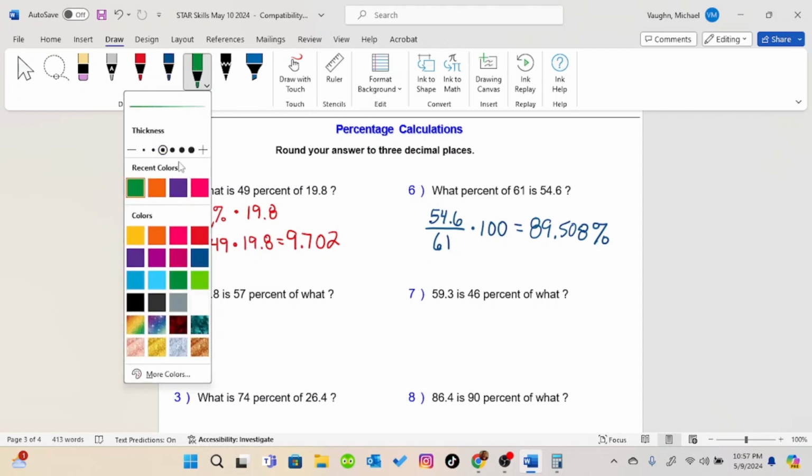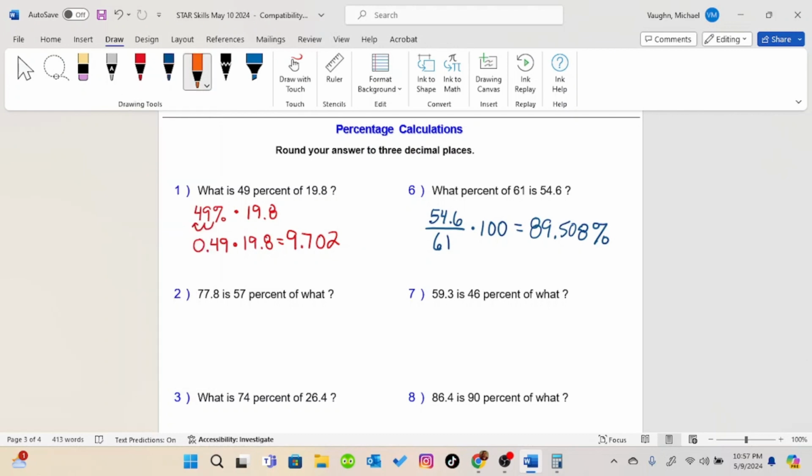Number 2. 77.8 is 57% of what? So what I would normally do is take the missing number, multiply it by 57%, and get the answer. Well, now what we're going to do is take 77.8 and divide it by 57%.